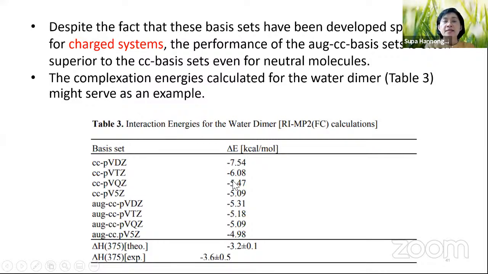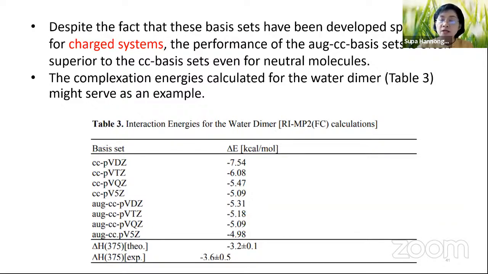You can see that at the higher level of theory, OCC-P5C shows a result very close to the experiment. The theoretical value reaches minus 3.2, and the experimental is about minus 3.6. So you can see it is quite nice, and it helps us understand the power and efficiency of the basis set.